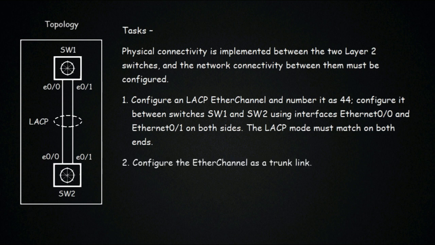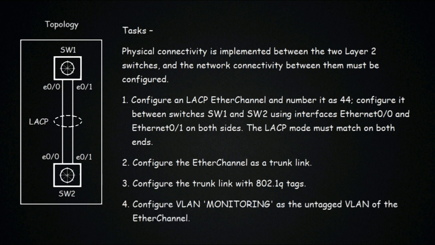2. Configure the EtherChannel as a trunk link. 3. Configure the trunk link with 802.1q tags. 4. Configure VLAN monitoring as the untagged VLAN of the EtherChannel. Let's see the answers.